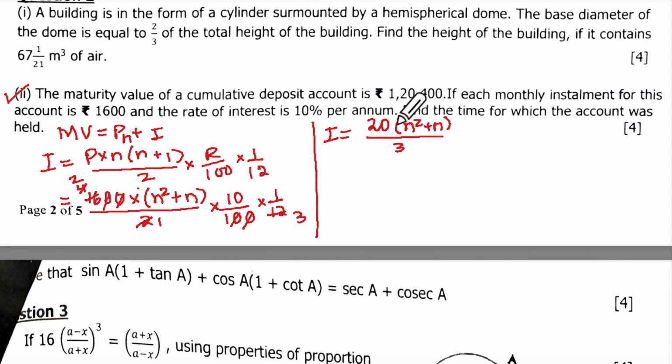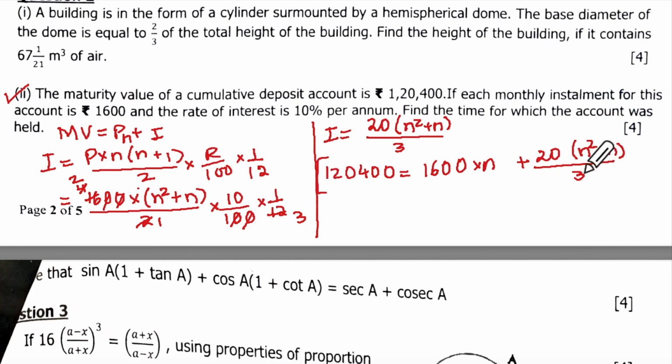Now if you put multiplication sign and don't put the bracket, again you get a 0, remember that. So your MV, that is 120 and 400, will be equal to 1600 into n plus 20 into bracket n square plus n upon 3.